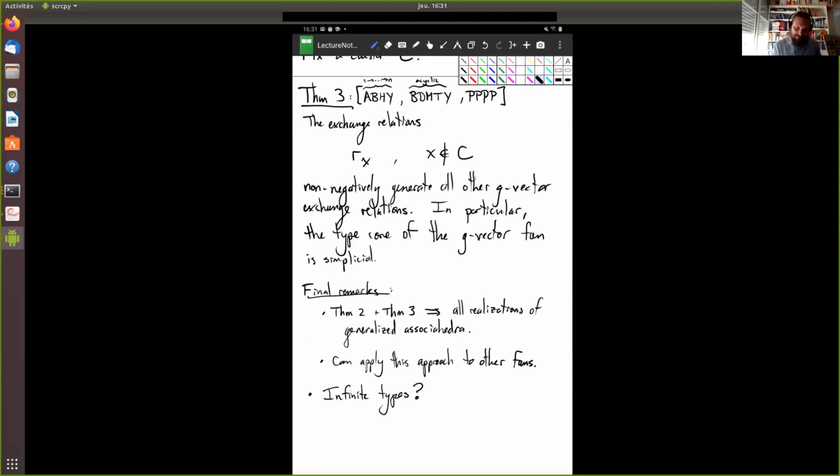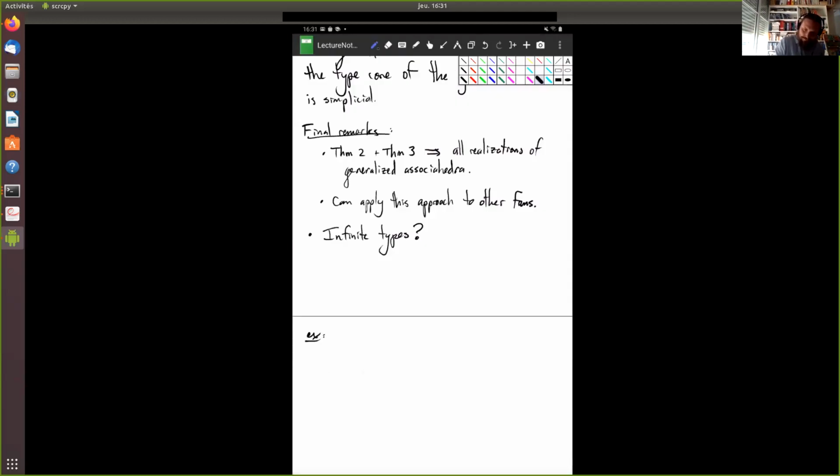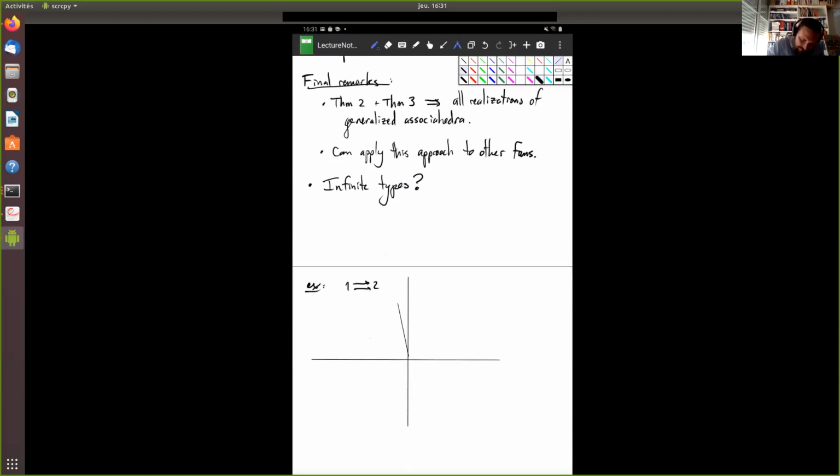Yeah, I mean, if you take the Kronecker quiver, then what you get is a fan that is infinite, and you have rays getting closer and closer to this ray in the middle here on both sides. So the G vector fan is dense and getting closer and closer to this thing.